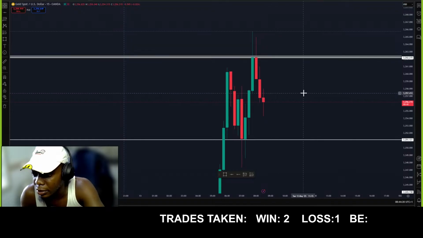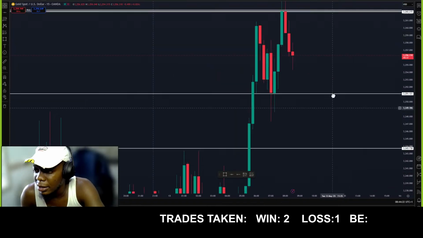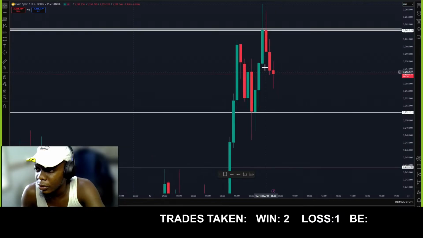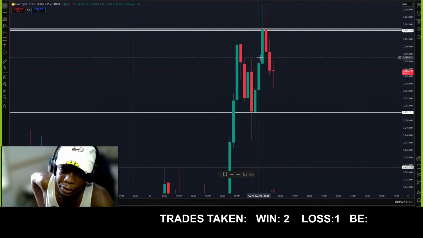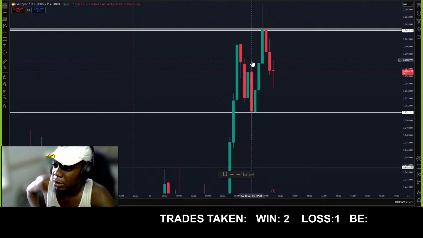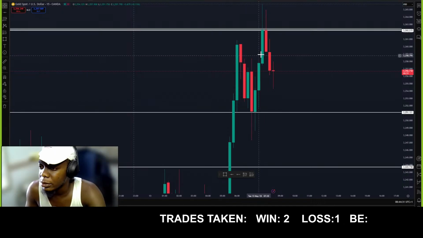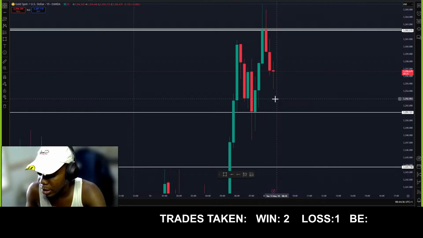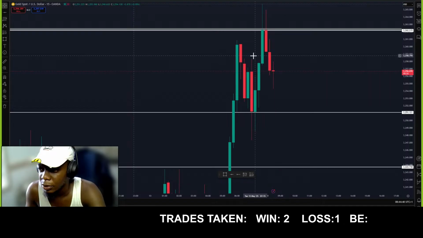I can give you several examples where you can just enter a trade without waiting for any retest, and after price triggered you in, price will start pushing to the downside. After you get triggered, price just starts going against you, in the opposite direction from your entry.